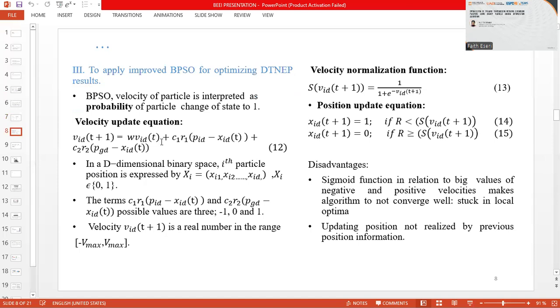The scope objective 3 includes application of BPSO to optimize the results. The velocity is interpreted as the probability of a particle changing state to 1, that being the velocity of our original BPSO, which is given by the velocity update equation, equation 12. And it's required to be a real number in the range negative velocity max and velocity max.